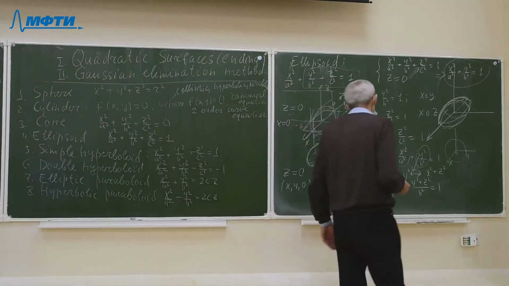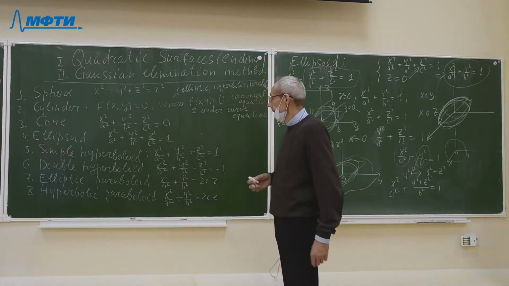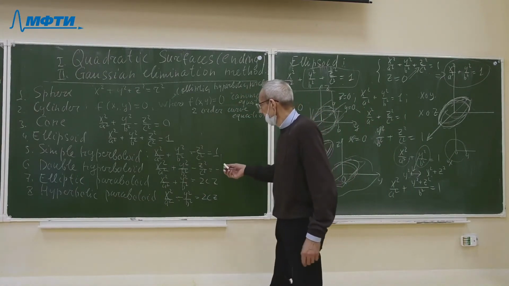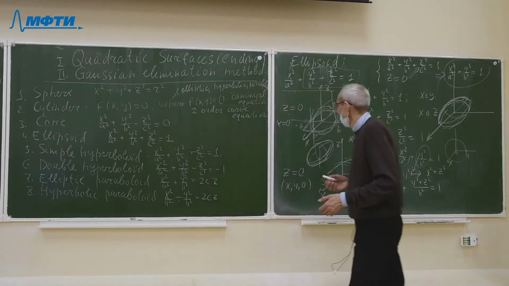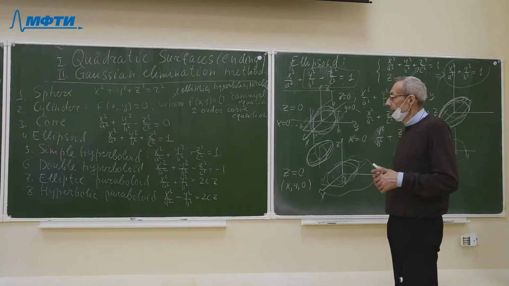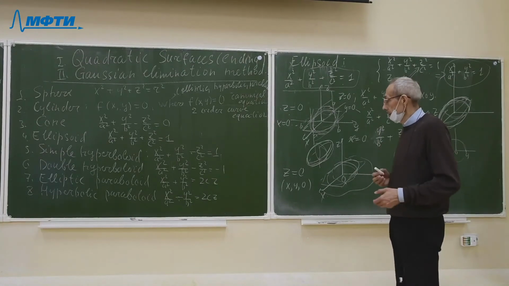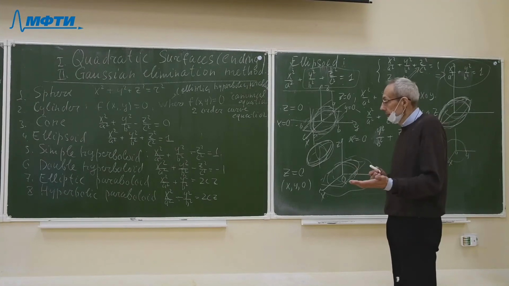And in the reverse way, we consider the equation and consider some section of this surface by the coordinate plane or the plane which is parallel to the coordinate plane. And in this case, we obtain ellipses in the section.